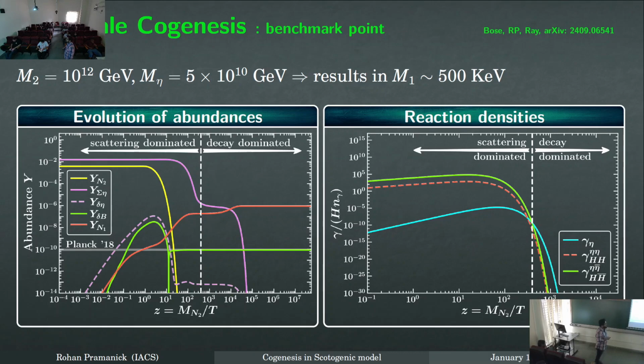The scattering dominates, and this phi 2 goes dominantly into the primordial sector by this thermal scattering, and this delays the decay of phi 2.